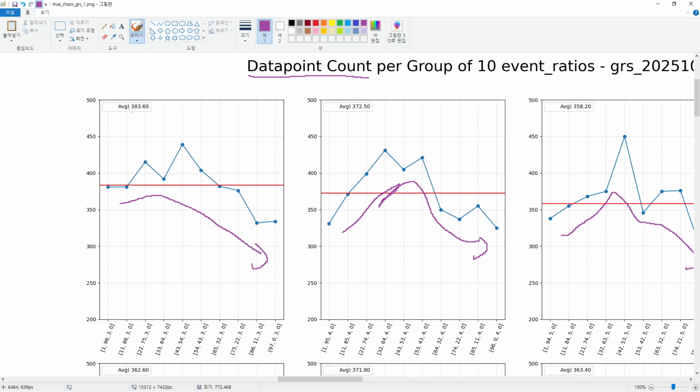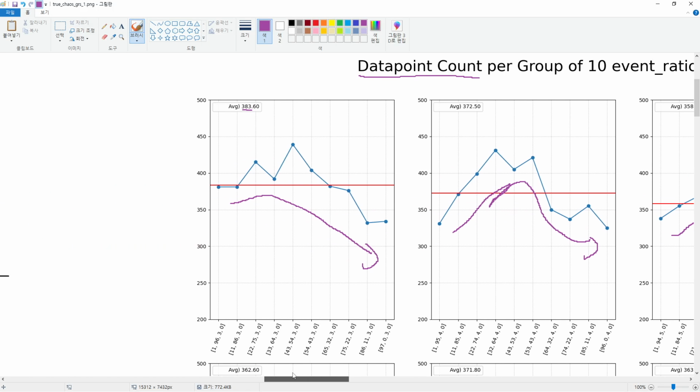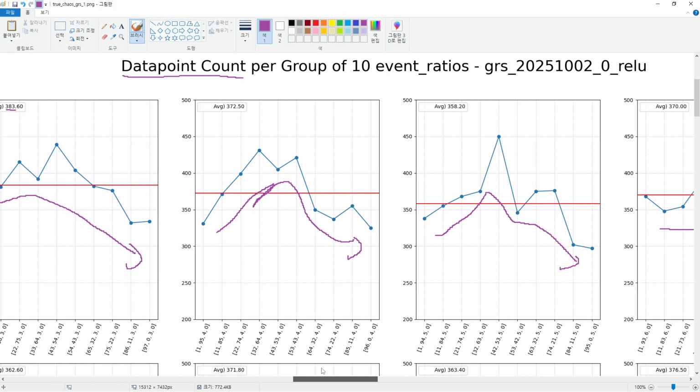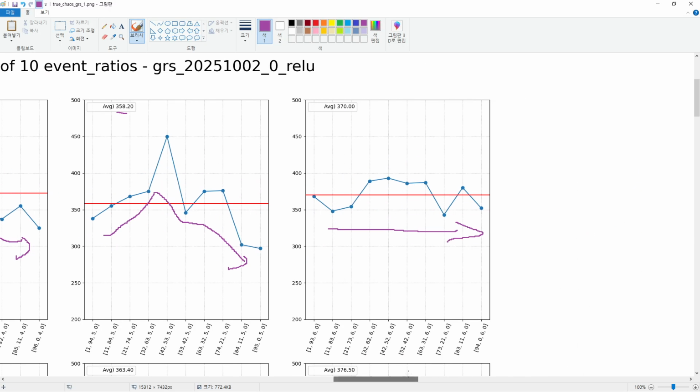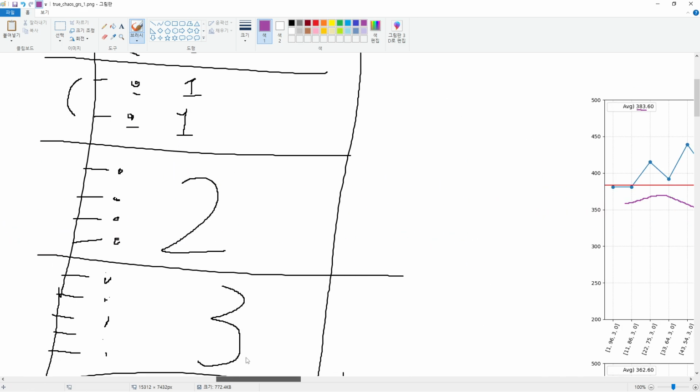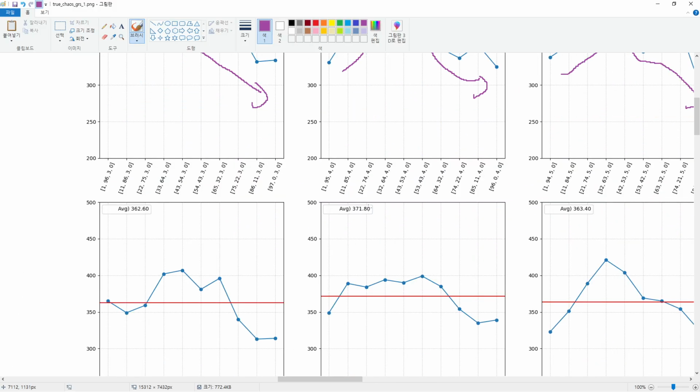The average seems to decrease, because we started at 383, 372, 358, 370. So this increased, and then this decreased, and then this decreased. Let's have a look at the next row.